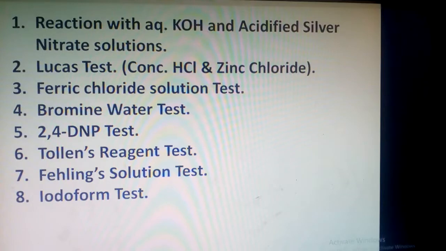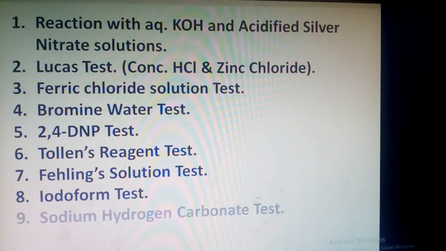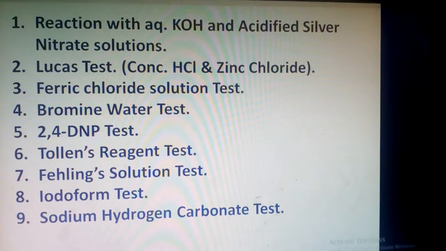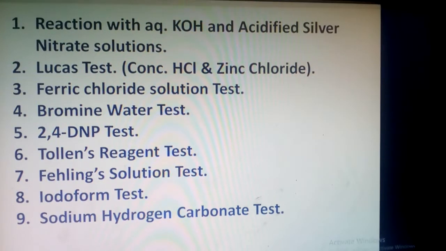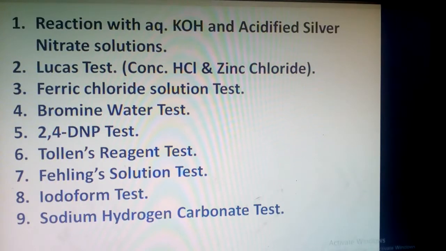It has many applications as it can be used mainly to identify methyl ketones. Then after iodoform we have the sodium hydrogen carbonate test. It is given by carboxylic acid, so it can be used to distinguish carboxylic acid from other functional groups.